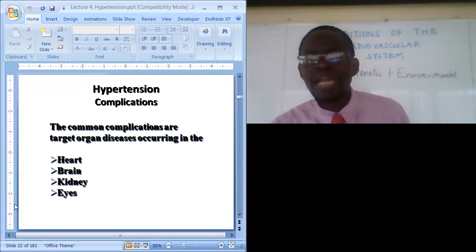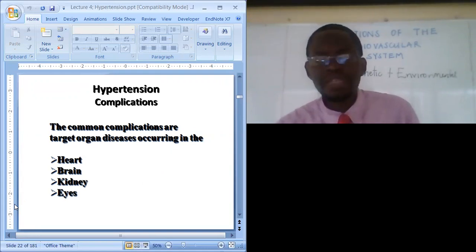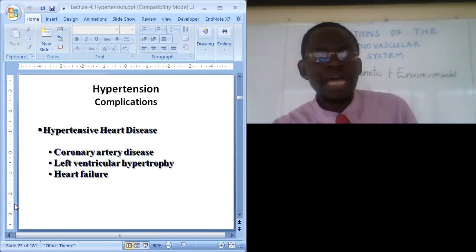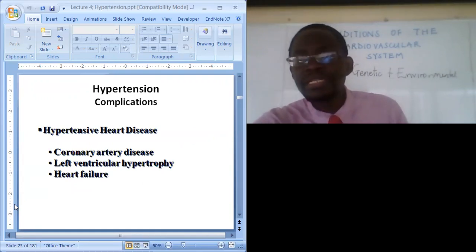Within the brain, you can have what we've talked about, the malignant hypertension. And within the heart, you can have left ventricular hypertrophy. So things like hypertensive heart disease, coronary artery disease, left ventricular hypertrophy, and even eventual left heart failure, or even heart failure, as we shall see as we move on.